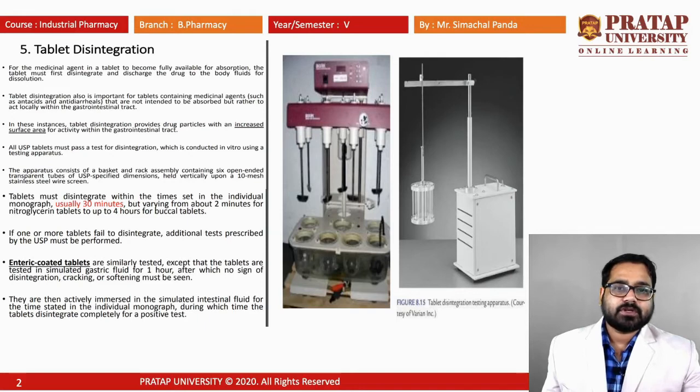Dissolution is also related to the amount of drug absorbed into the blood. It has been designed so that external experiments correlate with in vivo behavior. There are two instruments: the first is the disintegration test apparatus, and the second is the dissolution test apparatus.